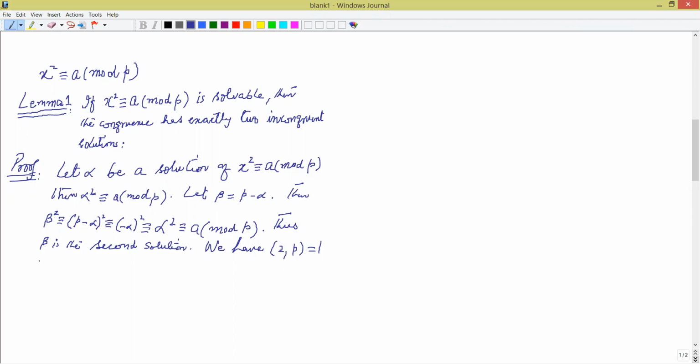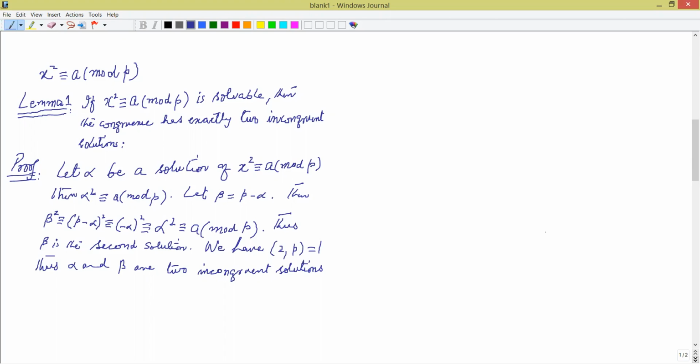Thus alpha and beta are two incongruent solutions.